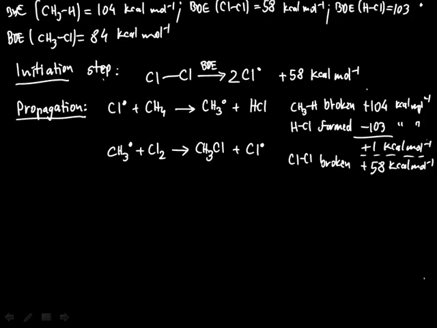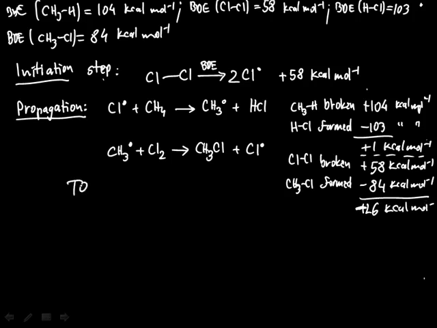On the other hand, we form a carbon-chlorine bond, which turns out to be much stronger. So this is minus 84 kilocalories per mole, leaving us with an overall balance in the second step of minus 26 kilocalories per mole. And then adding the first and the second propagation step, the total propagation energy balance is minus 25 kilocalories per mole.